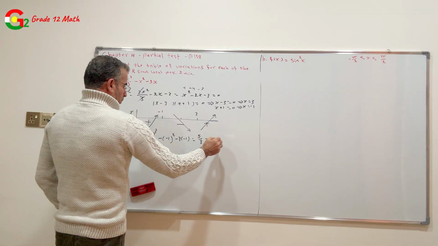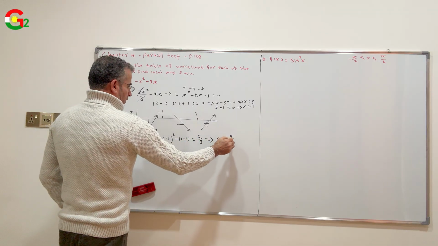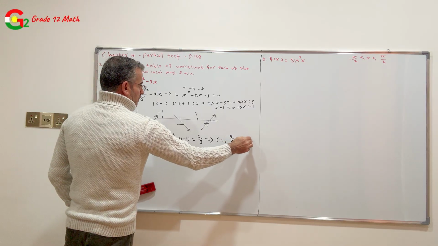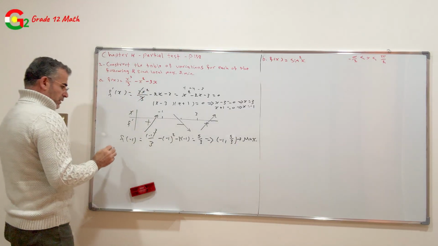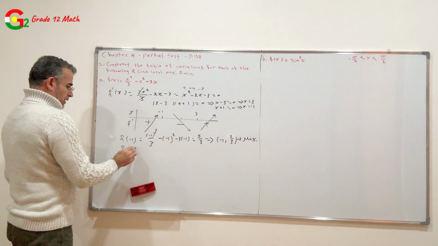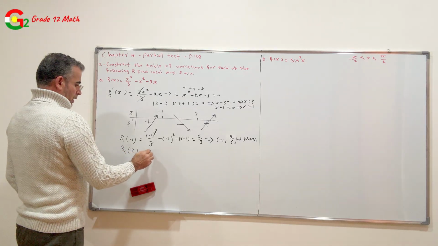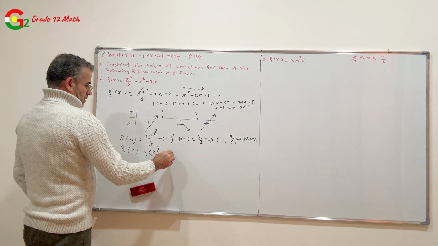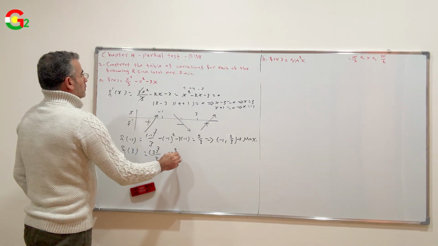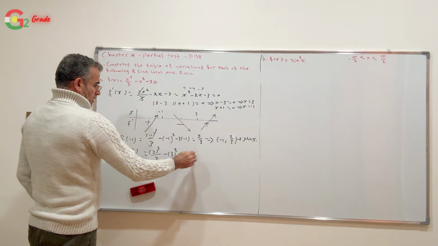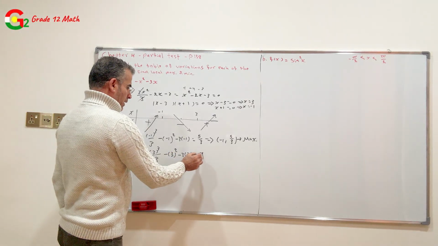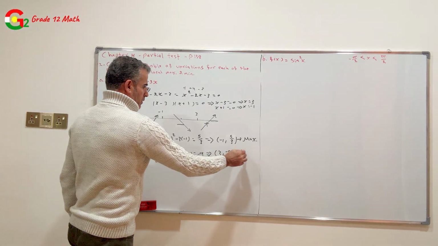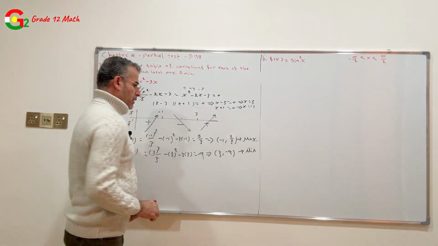Then the point negative 1, 5 over 3 is a local maximum point for this function. And f of 3 equals 3 cubed over 3 minus 3 power 2 minus 3 times 3, equal to negative 9. Then 3, negative 9 is a local minimum point for this function.